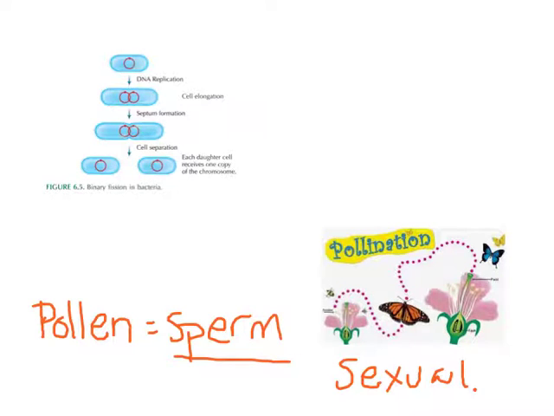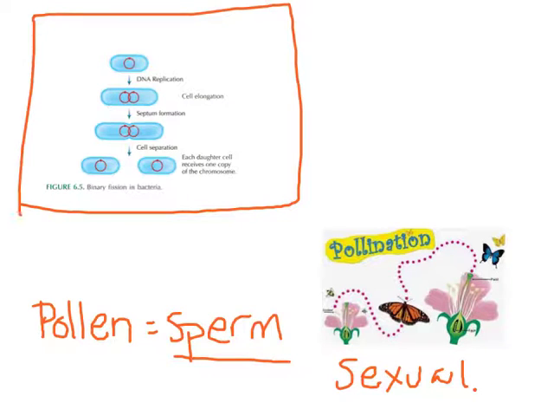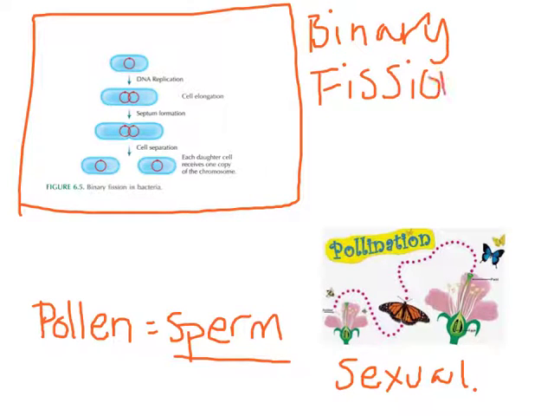Up here, you've got a different process. Here's bacteria. They're going through a process known as binary fission. Binary fission is their form of mitosis.